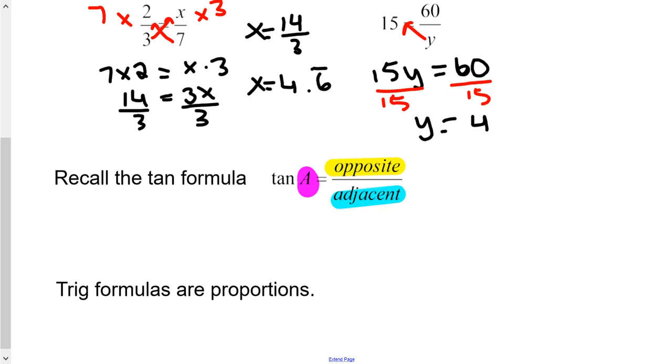If I had an unknown up here in the opposite side, that's just like our first example: we cross multiply and then solve for x. Say I have an unknown in the denominator. That's just like my second example: I cross multiply and then divide. We're going to use these ideas, we just have different functions showing up. We have variables, we have tangents. So let's look at some examples to get a better idea of this.